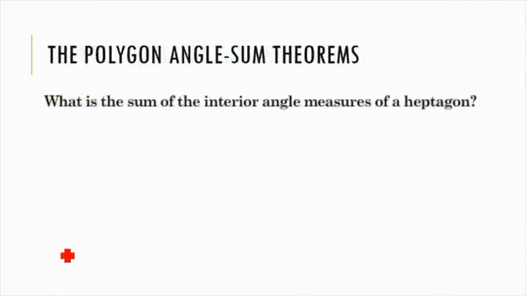So here's an example of a problem you might see. What is the sum of the interior angle measures of a heptagon? A heptagon has 7 sides. So if we use our formula, n minus 2 times 180, I'm going to substitute 7 in for the number of sides, n.